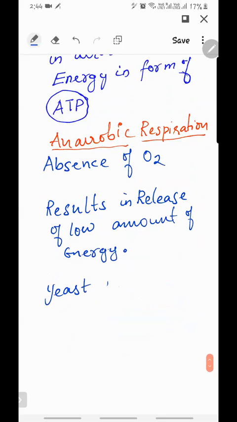Anaerobic respiration takes place in yeast and sometimes in human beings.